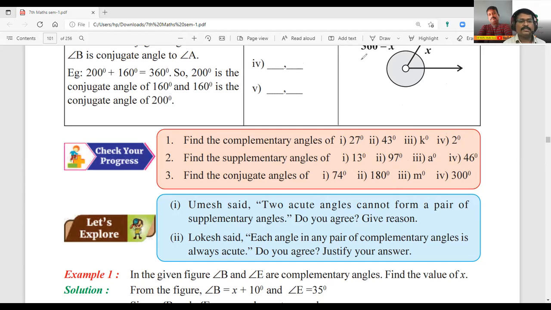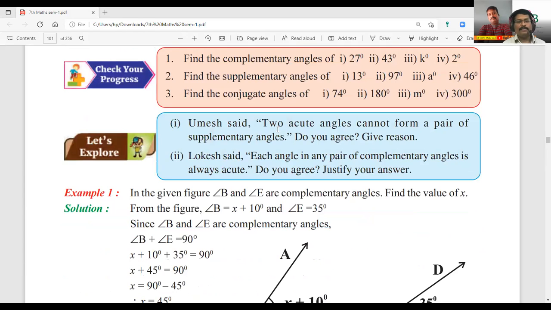Umesh said two acute angles cannot form a pair of supplementary angles. Do you agree? Yes, I agree. Acute angles are nothing but, when we assume x is an acute angle, x is greater than 0 and less than 90, purely less than 90.